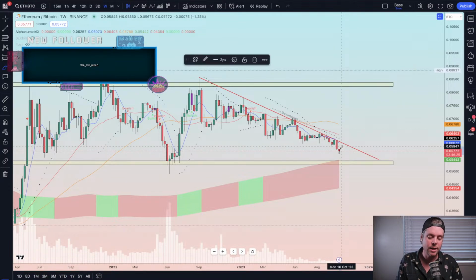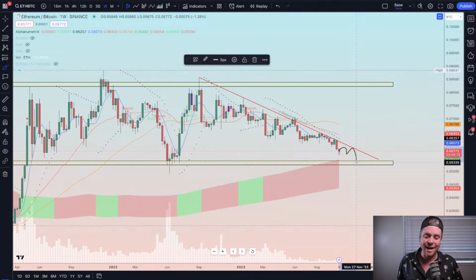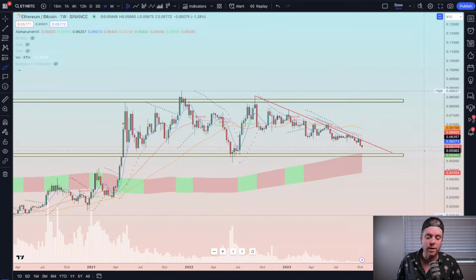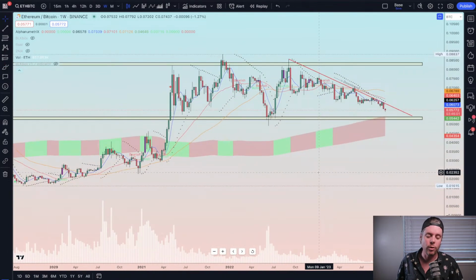I've been saying for months, we're probably coming down to the 5 million sat mark per Ethereum. And it looks like we're on track to hit that 5 million sat mark before we even get a chance to break this downtrend. Once we break it, we can talk about outperformance, but as it stands right now, it's not looking good for Ethereum in terms of actually being able to outperform Bitcoin.